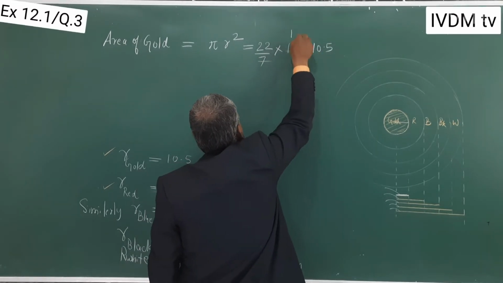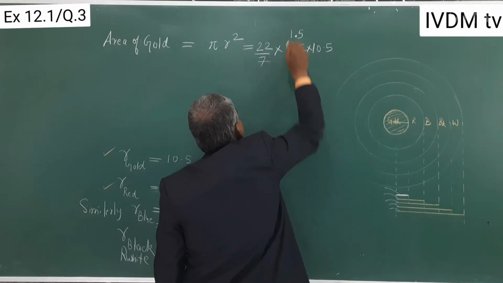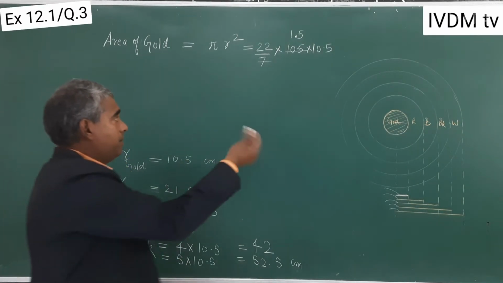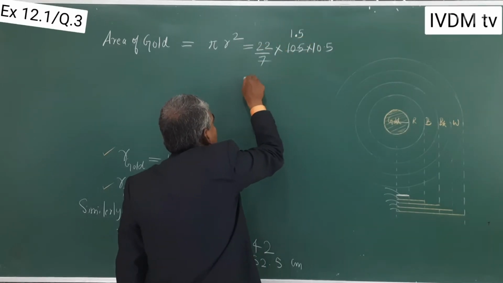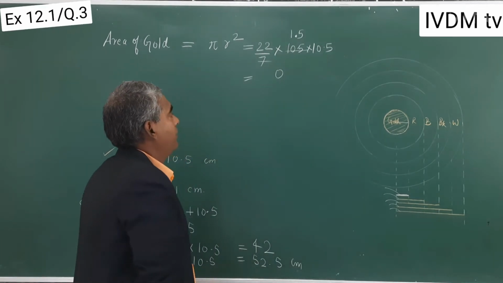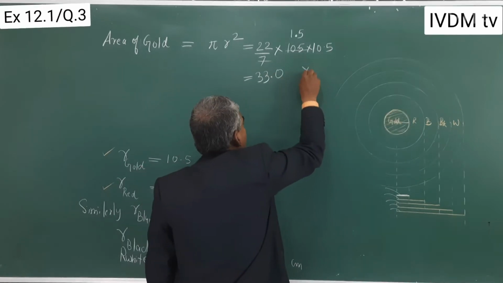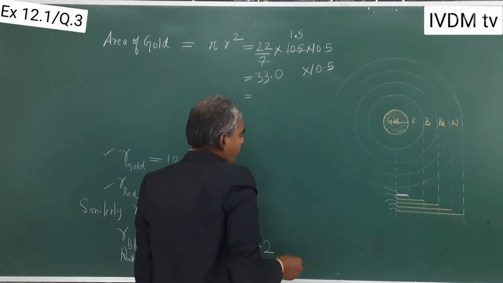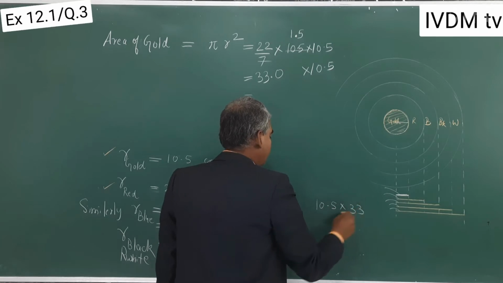7 1 ja 3.5, 1.5. Then multiply everything. 15 2 ja 30, this is 33.0, multiply 10.5. In rough you can do 10.5 multiply 33.